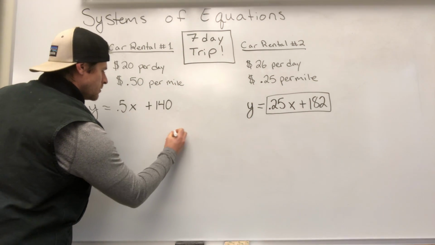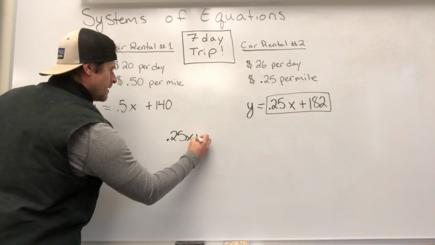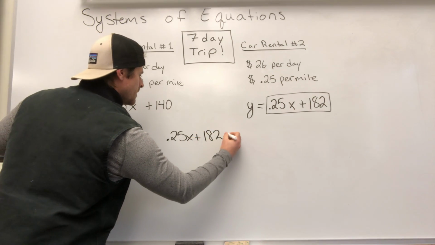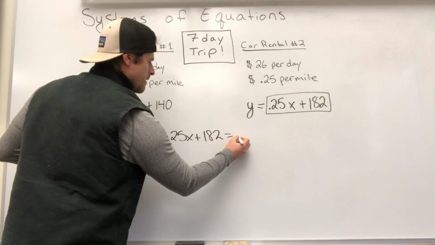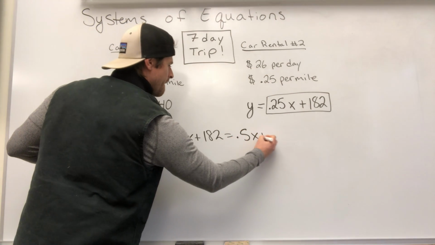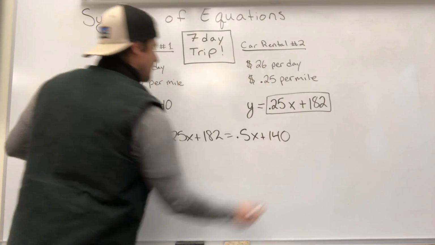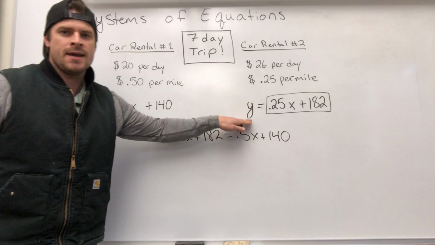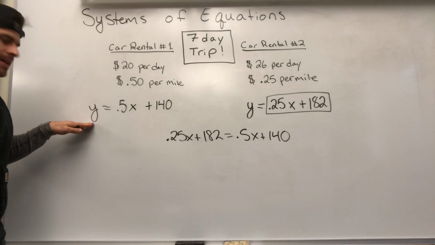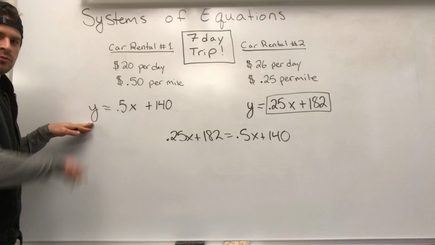So 0.25x plus 182 equals 0.5x plus 140. All I've done now is take the expression equal to Y and substitute it into the other equation where the Y value is.